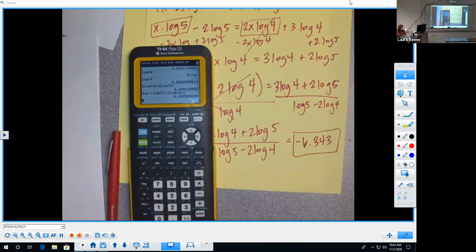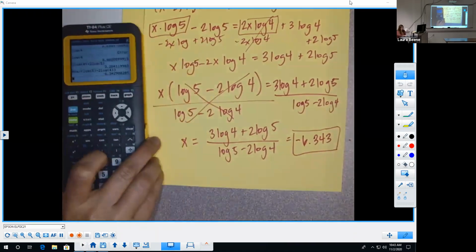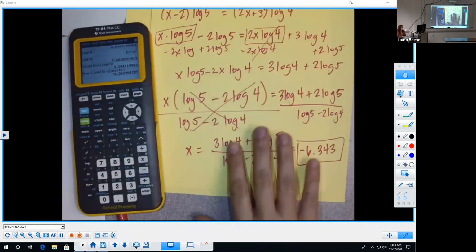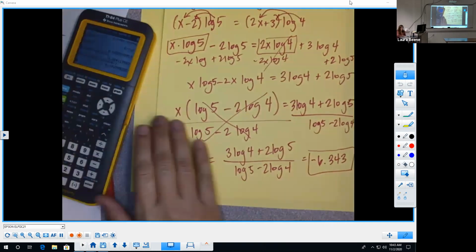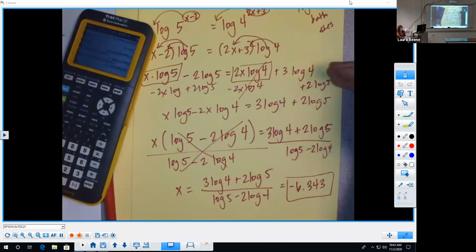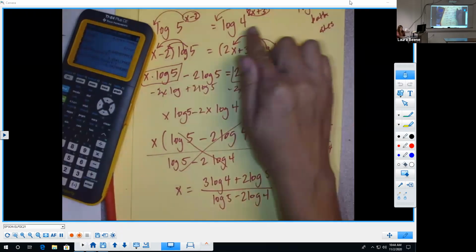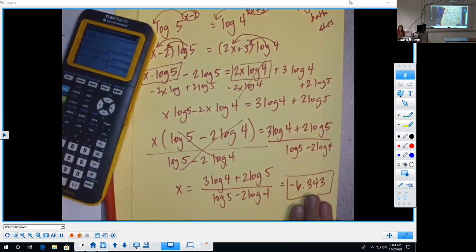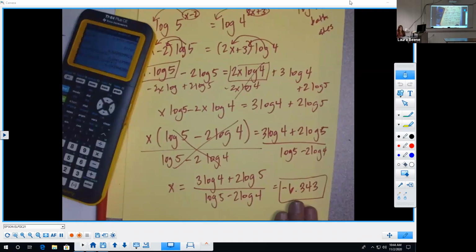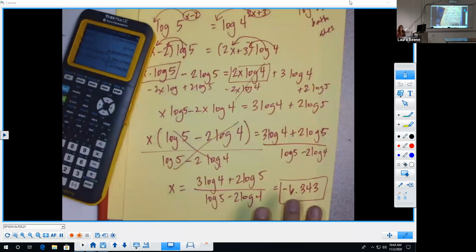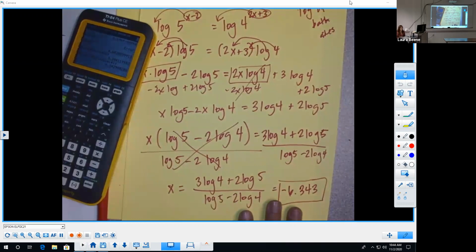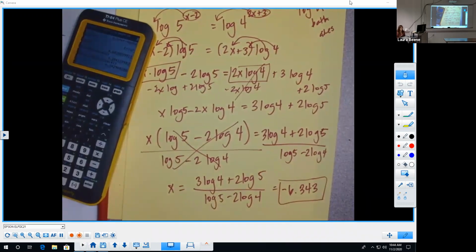Okay, again, technically, if it's helpful, this is really gibberishy and kind of confusing. If it's helpful to change the logs to decimals up here, that's fine. You just can't round that far because your rounding error is going to increase and you'll probably end up really far away from this number towards the end. Just know your decimal needs to have like 6 or 7 decimal places that you're working with, okay?